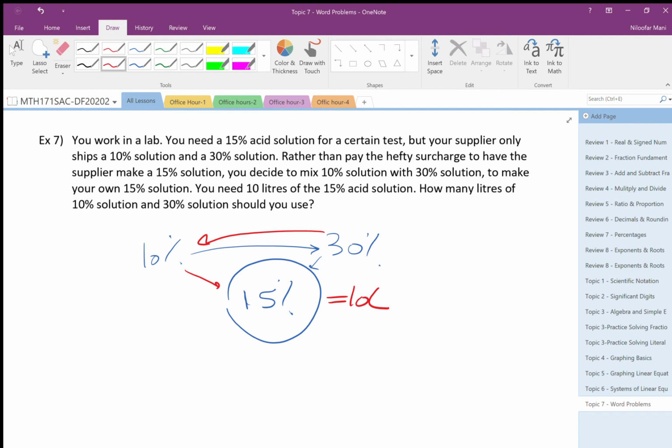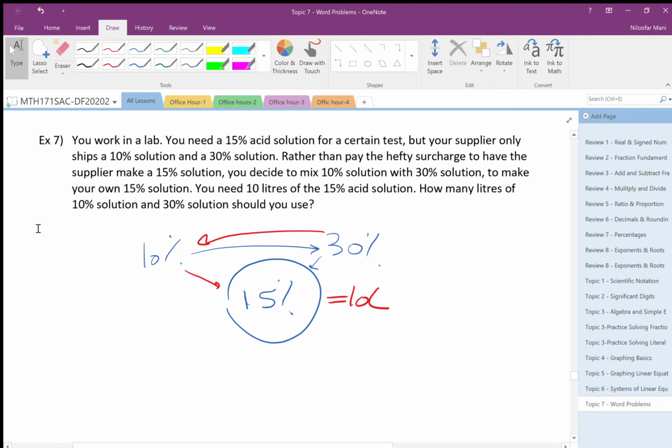So you read the question, you understand it's a mixture question, you know you have 10% concentration, you have 30% concentration, you want 15%, which is between, and I want 10 liter of that, so how much of each? When I read the last sentence, it gives me an idea how to define my variable.